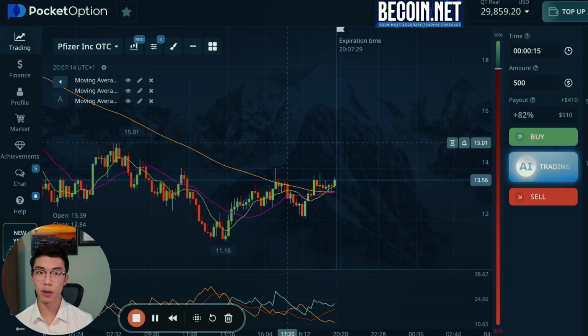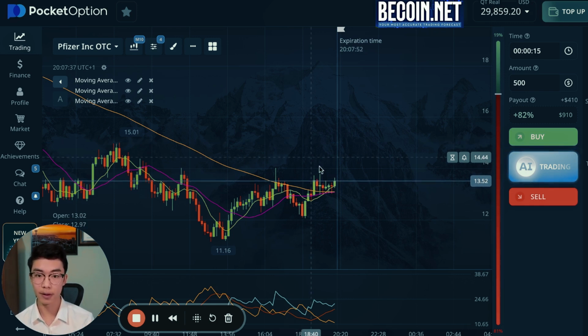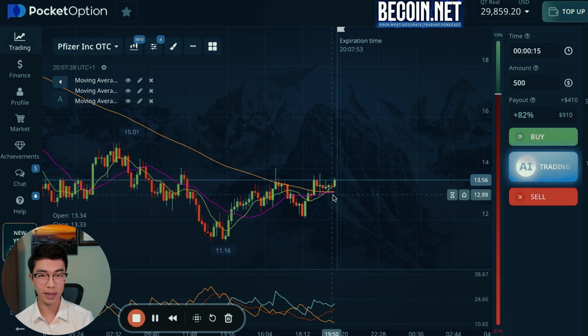Now, next up is the fundamental analysis strategy. So this strategy, typically speaking, isn't used on its own when it comes to binary trading, but it can be used to supplement trades with additional information. So you can look at the fundamental analysis of a company. That means you're looking at the company's financial information as a whole, instead of the technical indicators that are indicating certain price movements.